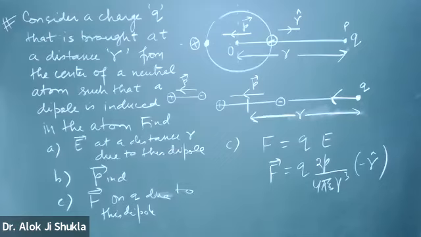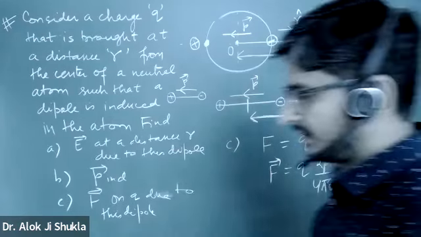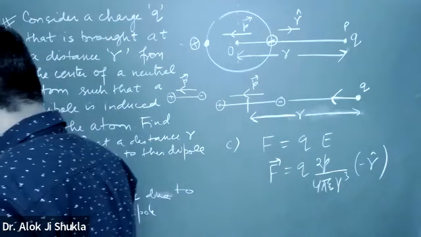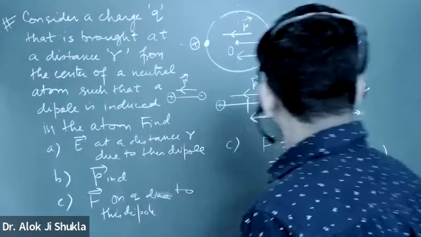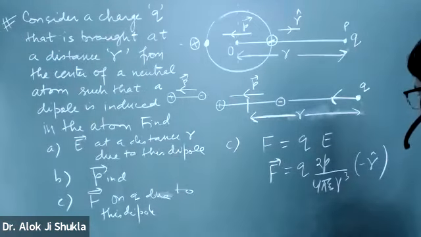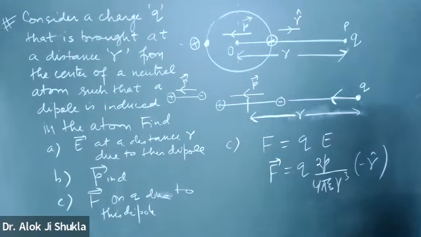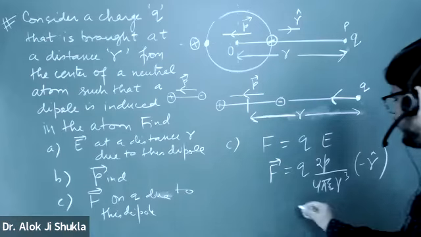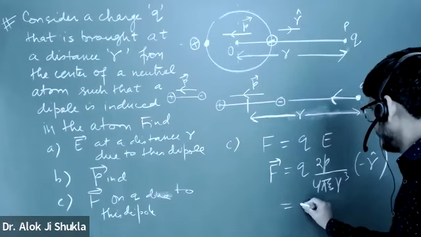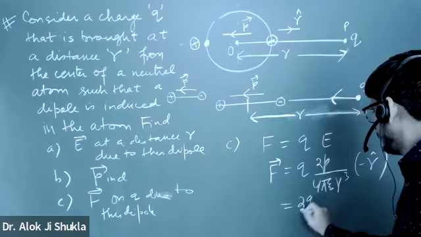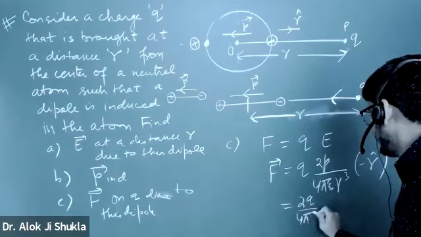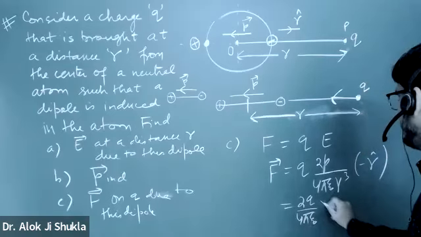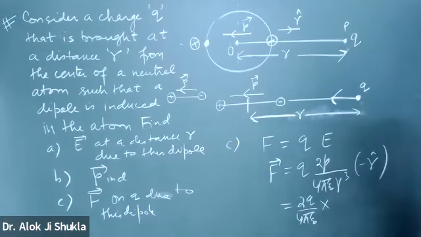See what a nice question you have done. If there is any doubt, you can ask. Sir, we have calculated the value of P also, right? So 2Q by 4 pi epsilon naught. What was P that we calculated?